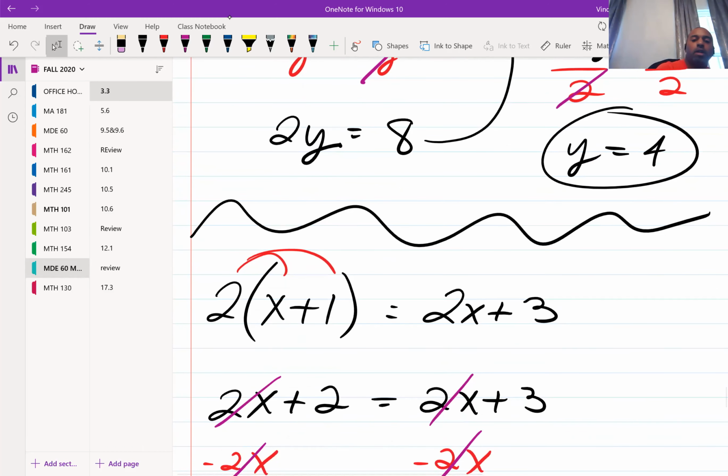All right, so here we have 2 times x plus 1, and then 2x plus 3 on the other side of the equation. First thing we would do is distribute the 2. And that'll leave us with 2x plus 2 equal to 2x plus 3.